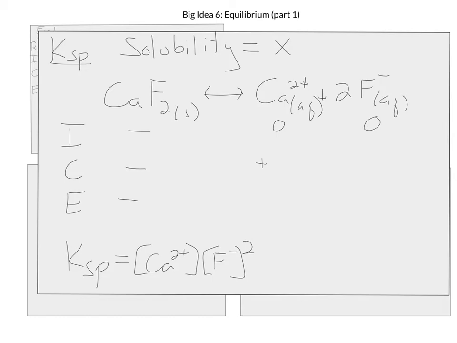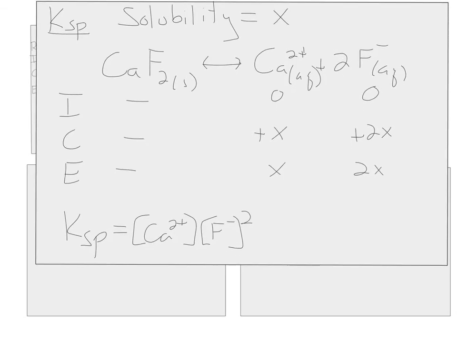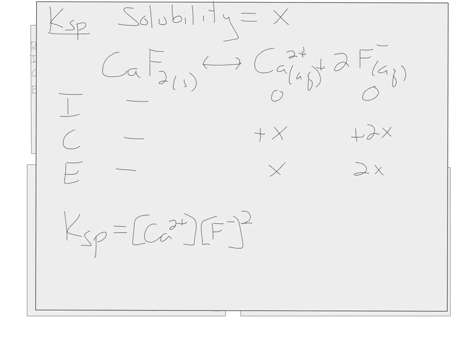We know that they're going to go up by x because we're starting with 0. If we don't have anything to start with and the solids don't matter, we can fill that in without much information. We can do all of this without a real problem to guide us.